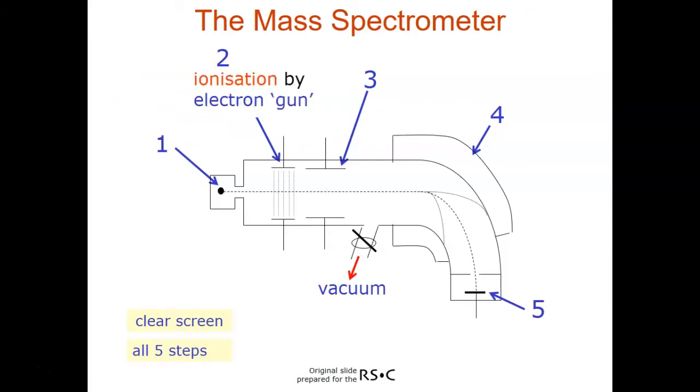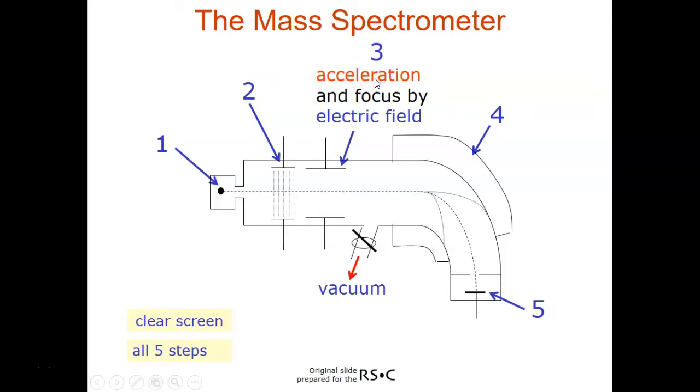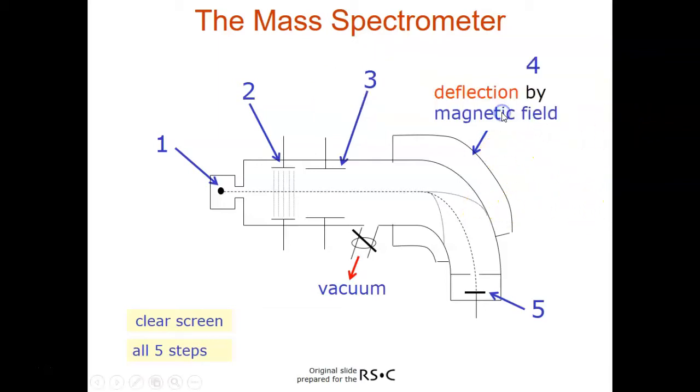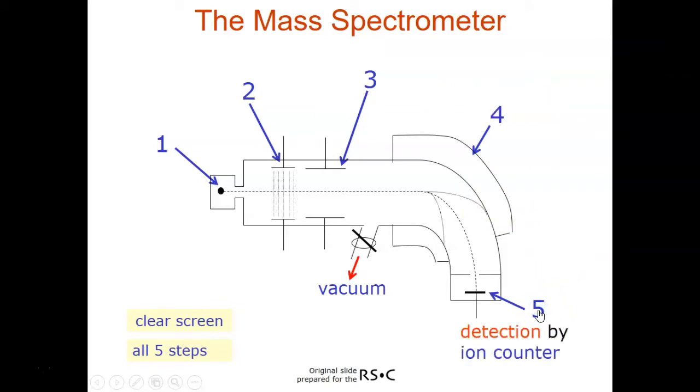We ionize it by hitting our sample with a high energy electron. This knocks an electron off of the molecule or atom, giving it a positive charge. We then accelerate it by using an electric field. We can then move on to deflecting it using a magnetic field, and last but not least, detecting via an ion counter.